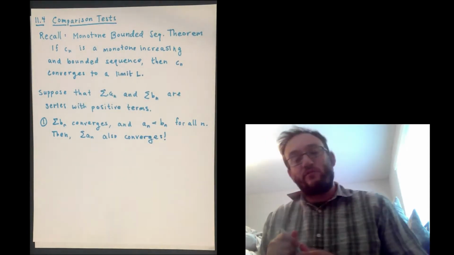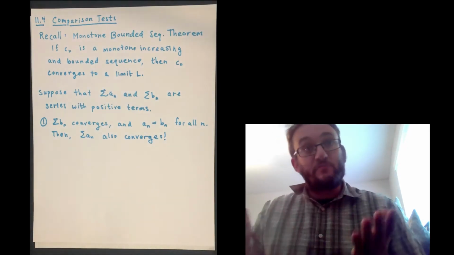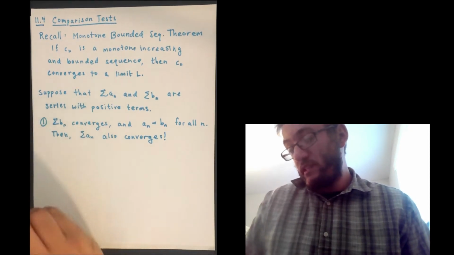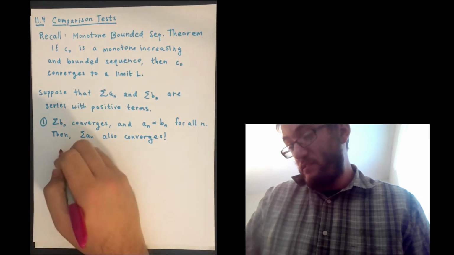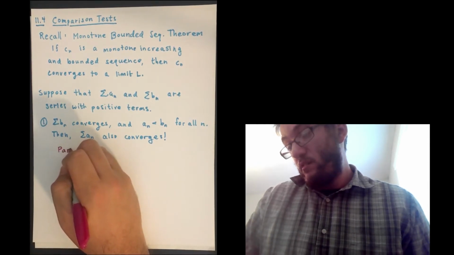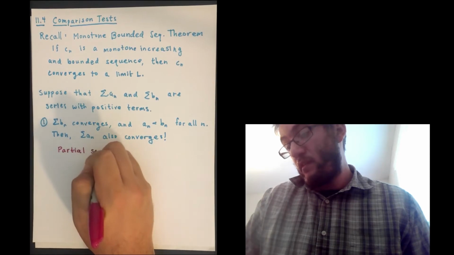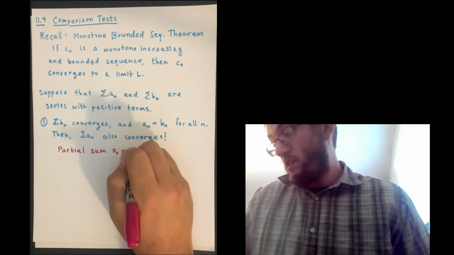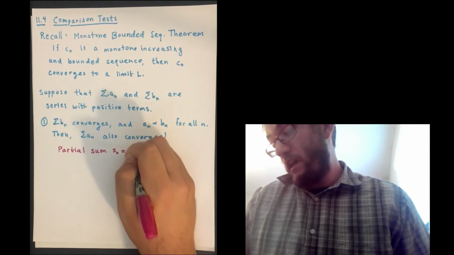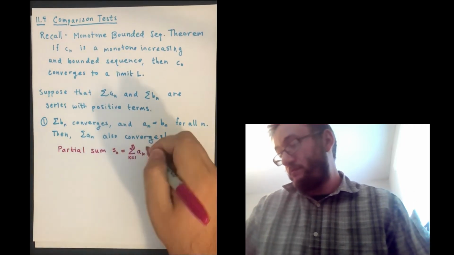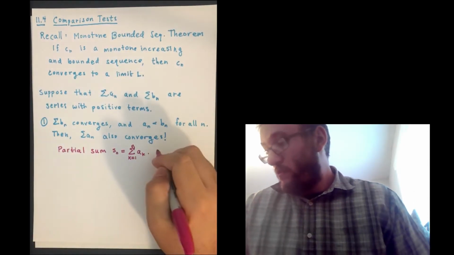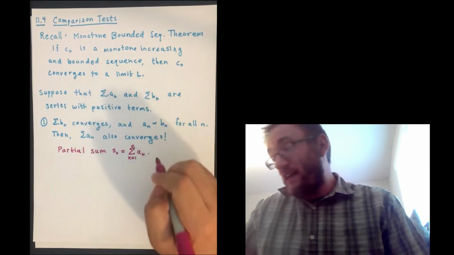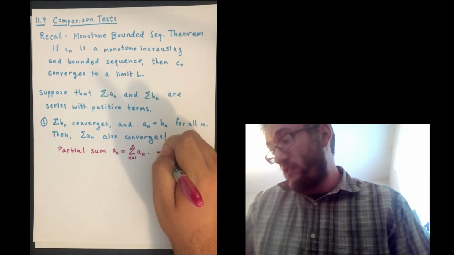Why is this the case? How do we know that this converges? Well, we can use the monotone bounded sequence theorem. So let's take the sequence of partial sums. Partial sum Sn equals the sum from k equals 1 to n of ak. We know that this is a monotone increasing sequence because all of the terms of the series are positive.